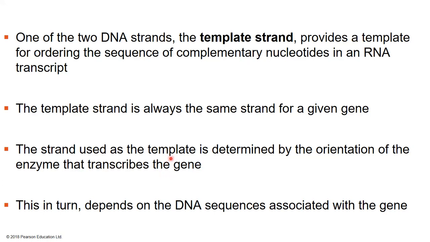So whether the top or the bottom strand will be used as template depends on the orientation, how the polymerase will bind to the gene or to sequences within the gene. Okay.